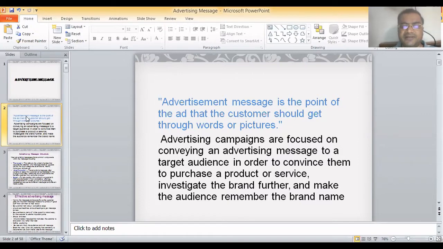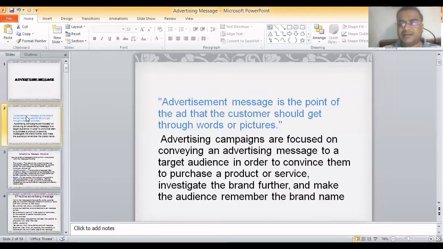Now, advertising campaigns are focused on conveying an advertising message to a target audience in order to convince them to purchase a product or avail a service, then to investigate the brand further, and finally, the audience should remember the brand name.